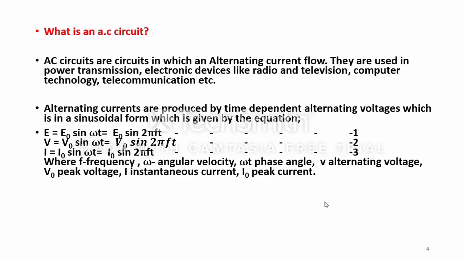V is the alternating voltage, V naught is the peak voltage, I is the instantaneous current, and I naught is the peak current. E naught would be the peak EMF. That one has not been written here.